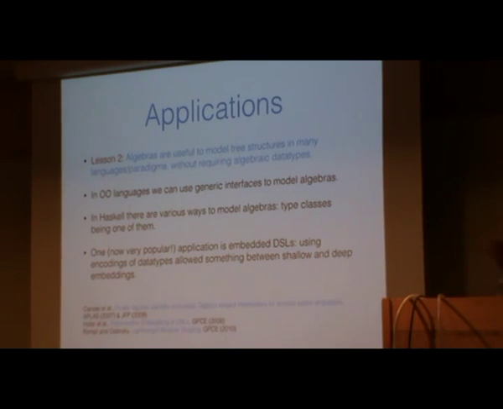And basically the idea of these two words is pretty much to take algebras and these algebra types and use them to encode the abstract syntax of an embedded DSL.